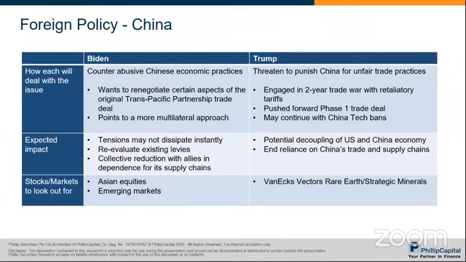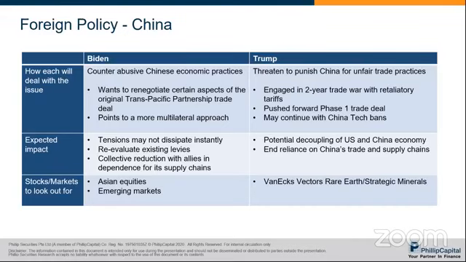So what Biden has said so far with regards to China points to a more multilateral approach, and this places greater emphasis on alliances and human rights, and is likely to be less reliant on tariffs and arms sales. However, we do not expect tensions to dissipate immediately.